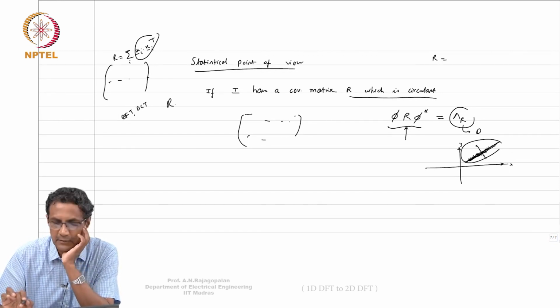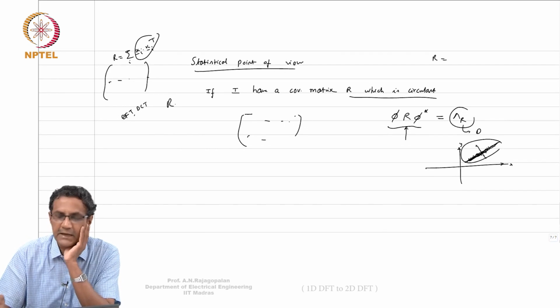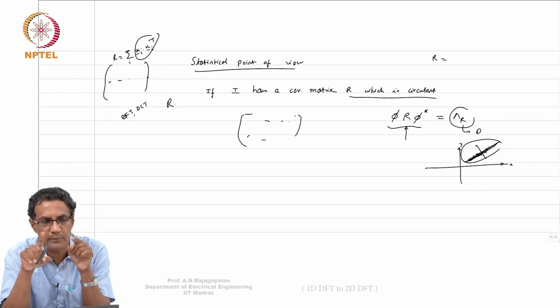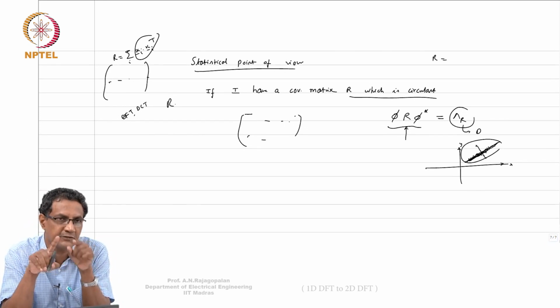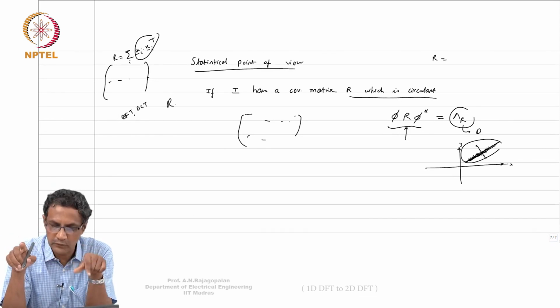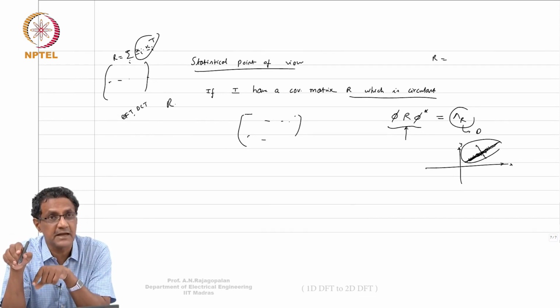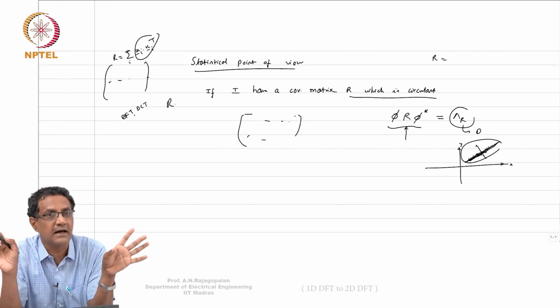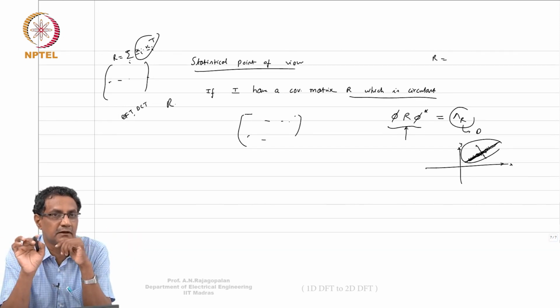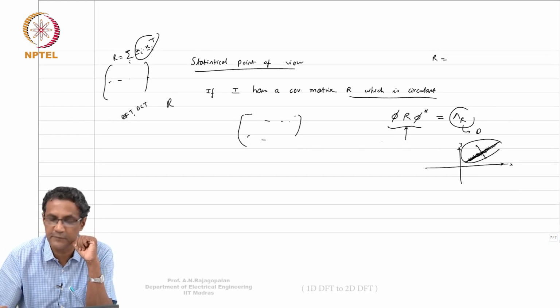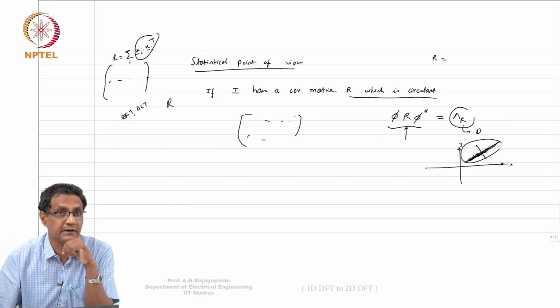If it is circulant, here is where Sabare said that there could be a bridge between a data independent and a data dependent transform. This is one such case where a data independent transform diagonalizes R in a perfect sense.